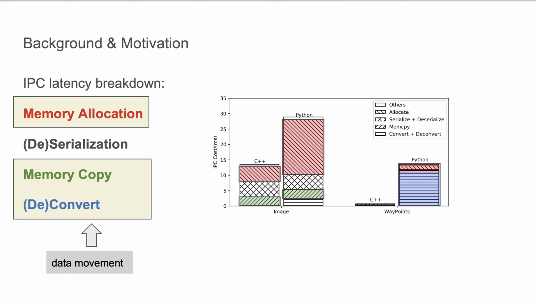Based on this observation, we summarized that the total IPC cost can be divided into two parts, that is, memory allocation cost and data movement cost, which includes memory copy, convert, and deconvert.